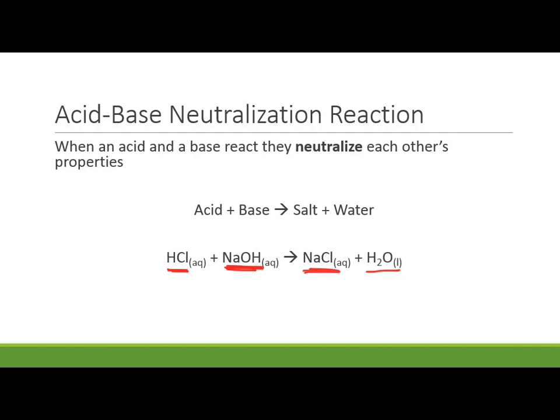You could evaporate the water, and suddenly you've got salt that you can sprinkle all over your tasty French fries. The only problem is if you happen to have any leftover sodium hydroxide on there, that will actually turn your mouth into soap and it will bubble away. So I do not recommend actually doing this. It's a really bad idea. Just get off your lazy butt, go to the store, buy a little salt shaker and call it good. But you'll notice that this is a neutralization reaction because we have an acid and a base. They're making a salt and water.